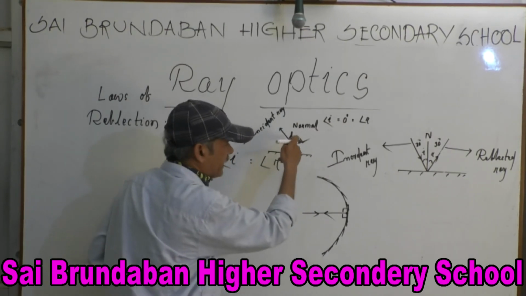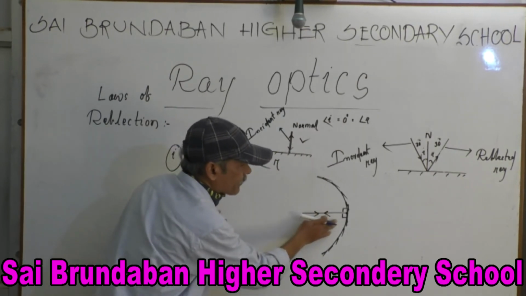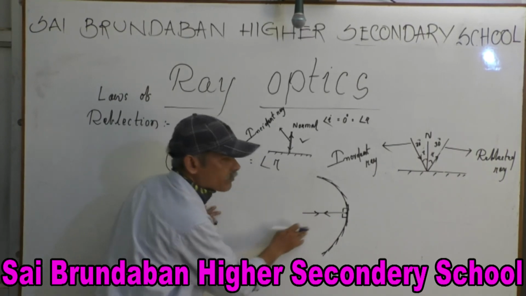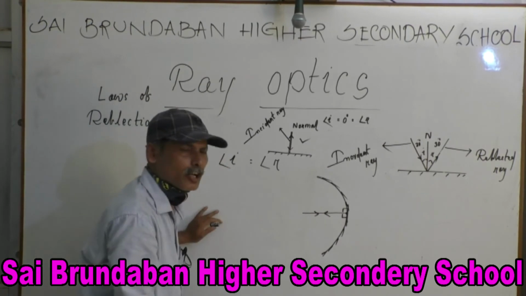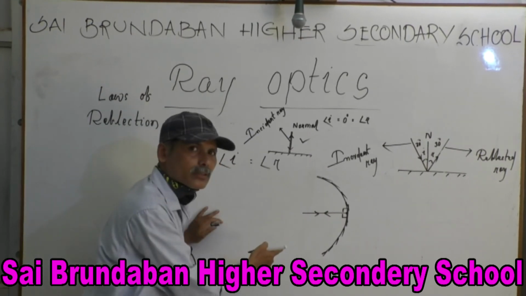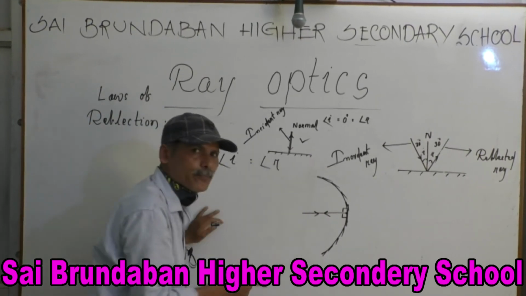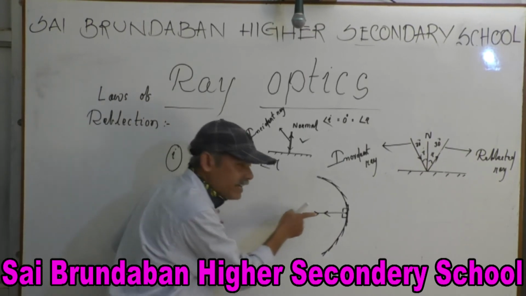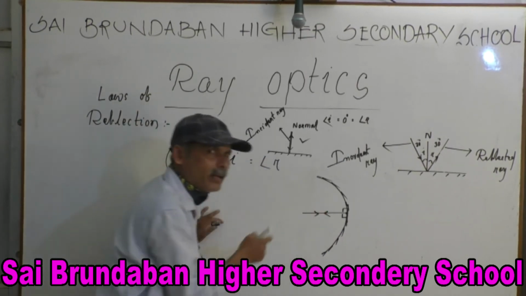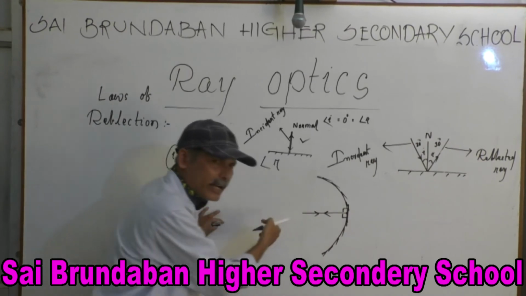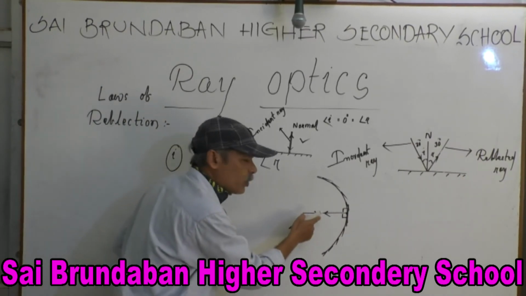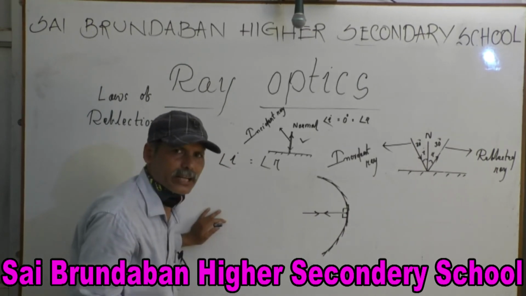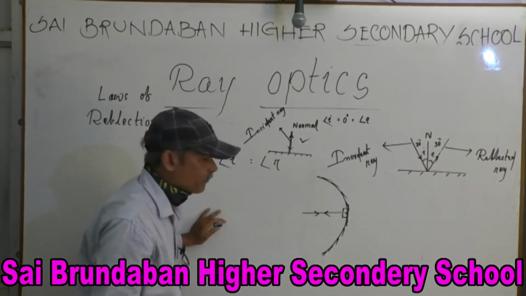The same thing happened here. This is 90 degree. No doubt this is the normal. No doubt the incident ray propagates along the normal and reflects back in the same direction. So here no doubt I is equal to 0 degree, R is equal to 0 degree.